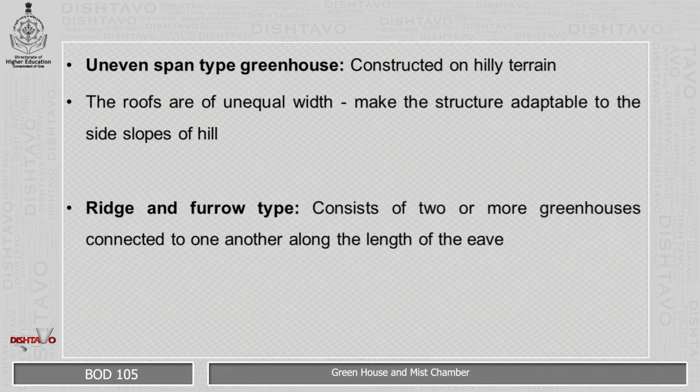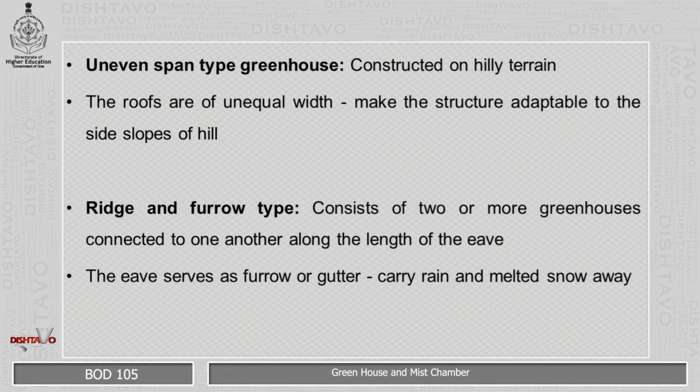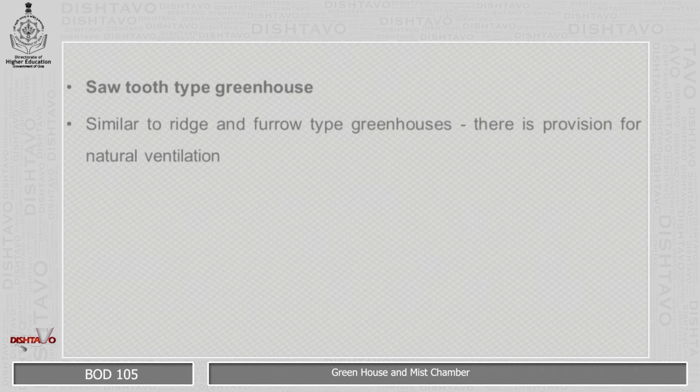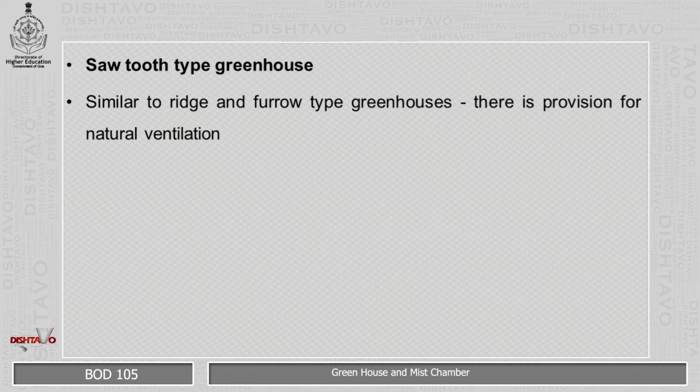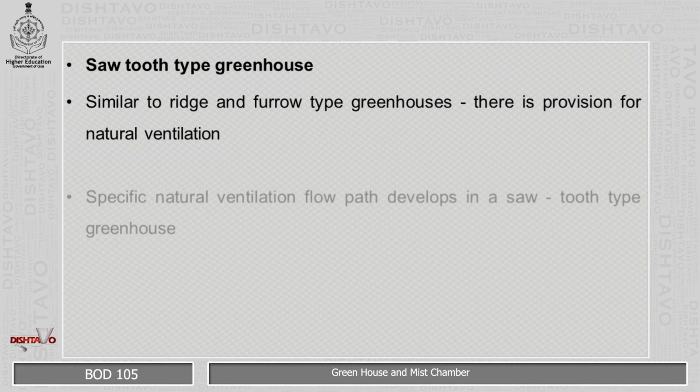Ridge and furrow type consists of two or more greenhouses connected to one another along the length of the eave. The eave serves as a furrow or gutter which carries rain and melted snow away. Saw-tooth type greenhouse, similar to ridge and furrow type greenhouses, there is provision for natural ventilation.